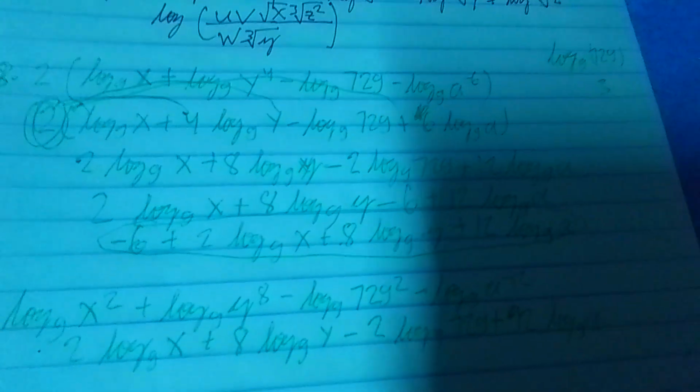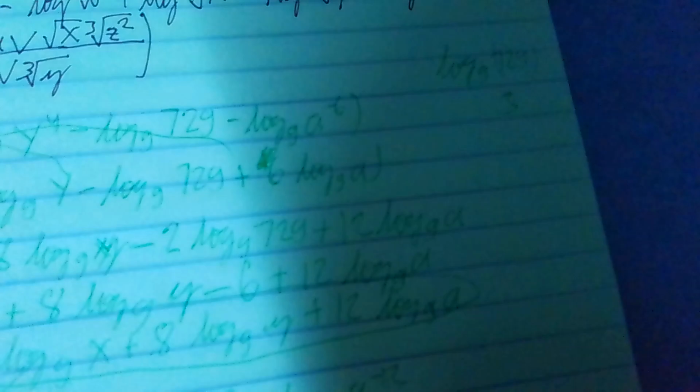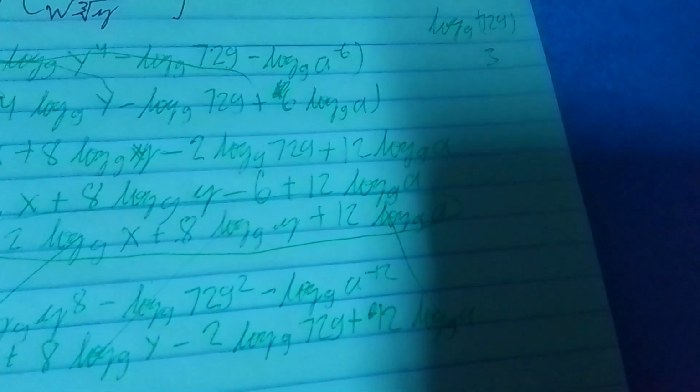Then, what we will do is let the exponent slide. So, therefore, it's 2 times log base 9 of x plus 8 times log base 9 of y minus 2 times log base 9 of 729 minus negative 12 times, or you can just exchange that to plus, times the log base 9 of a.